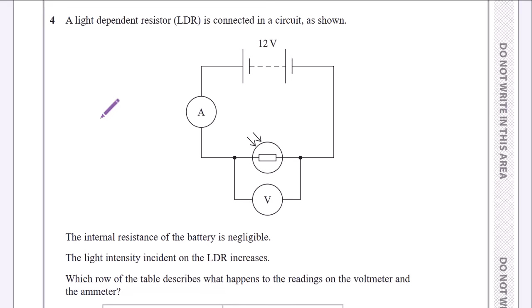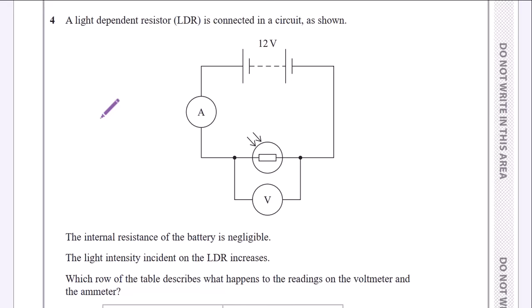So look at this circuit diagram. You see the only component in the circuit is the LDR. There is no other component, meaning the entire PD of the battery will drop across this LDR. So there is no other component to get it shared with.